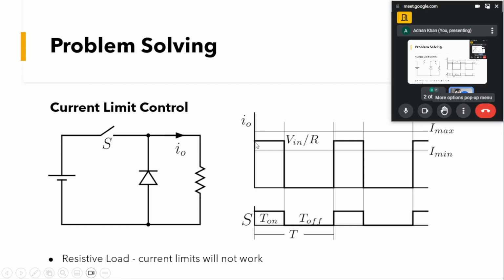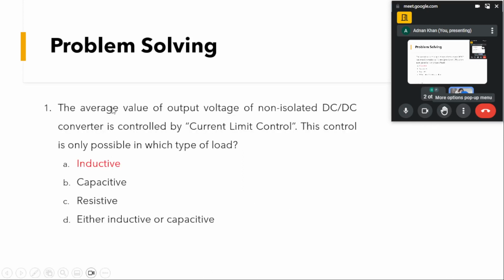If at any moment the current shoots up, our objective won't be met, which is to decide for what amount of time we want to have this device on and off. So the correct option to question 1 is inductive.